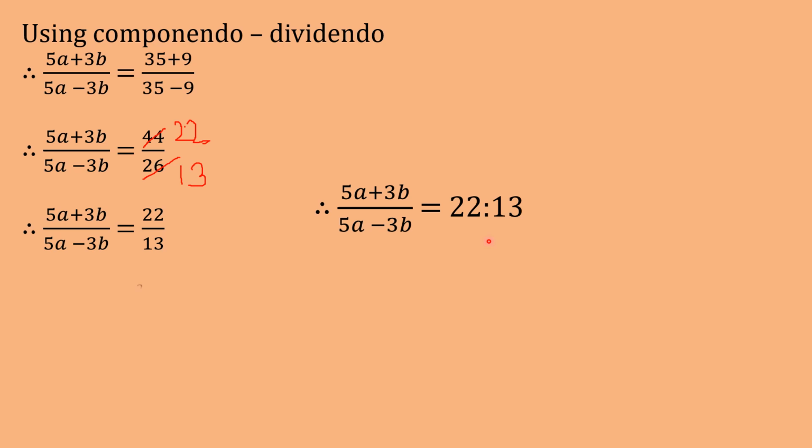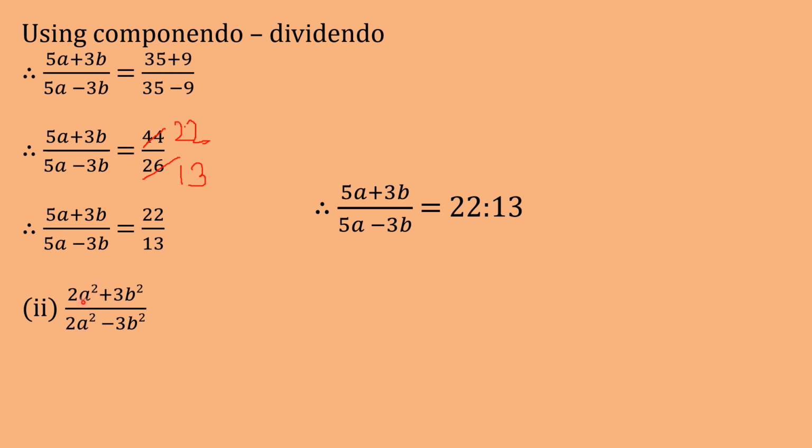See the next sum. Now students, what is given in the second sum? Find the value of the ratio 2a square plus 3b square upon 2a square minus 3b square. Obviously, here also we have to use the componendo dividendo property by seeing plus and minus. But before that, certain operations, certain properties, certain rules we also have to follow.